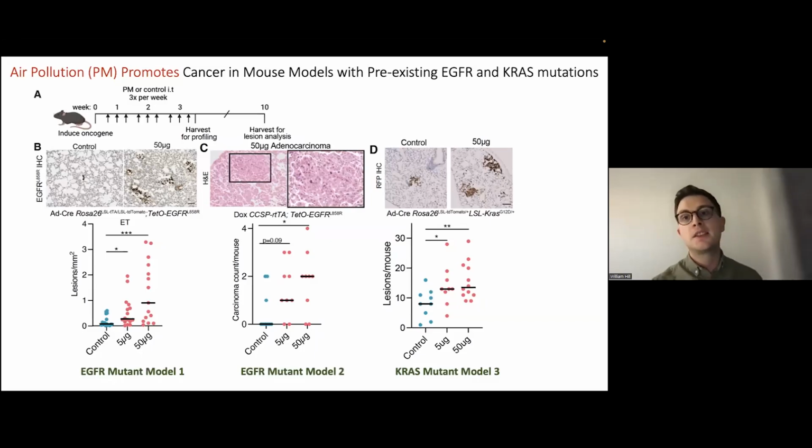And finally, we wanted to test whether it was specific to EGFR or whether KRAS was also impacted. And so we used the classic JAX model of lox-stop-lox KRAS G12D. And again, we saw that there was a significant increase in the number of lesions that were developing.